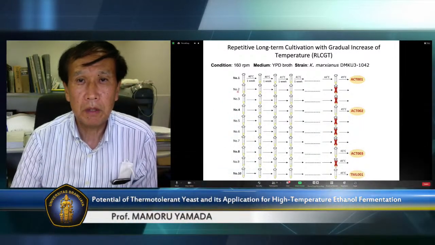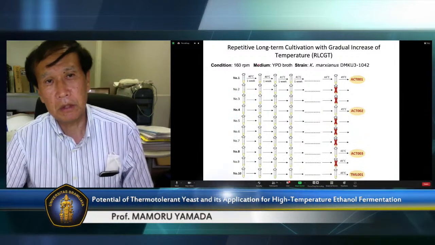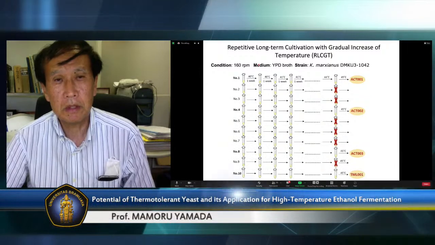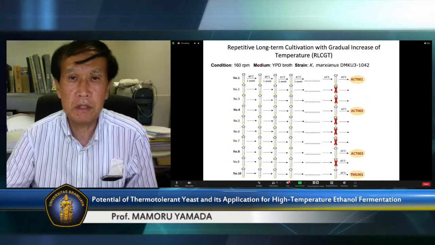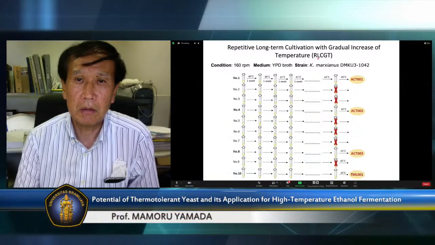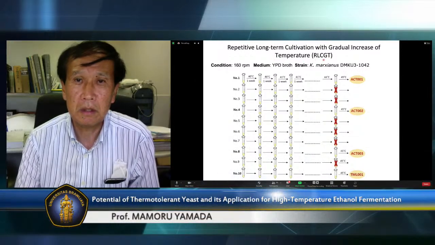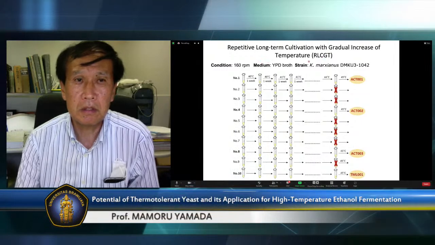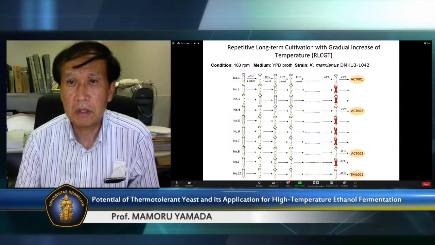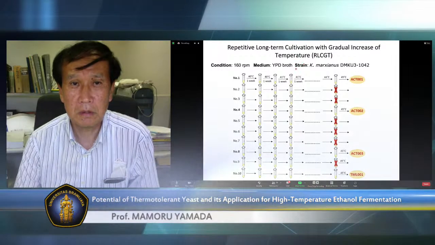Recently, we developed a laboratory adaptation technology, which is a very simple and very efficient procedure. We call it RLCGT, repetitive long-term cultivations with gradual increase of the temperature.